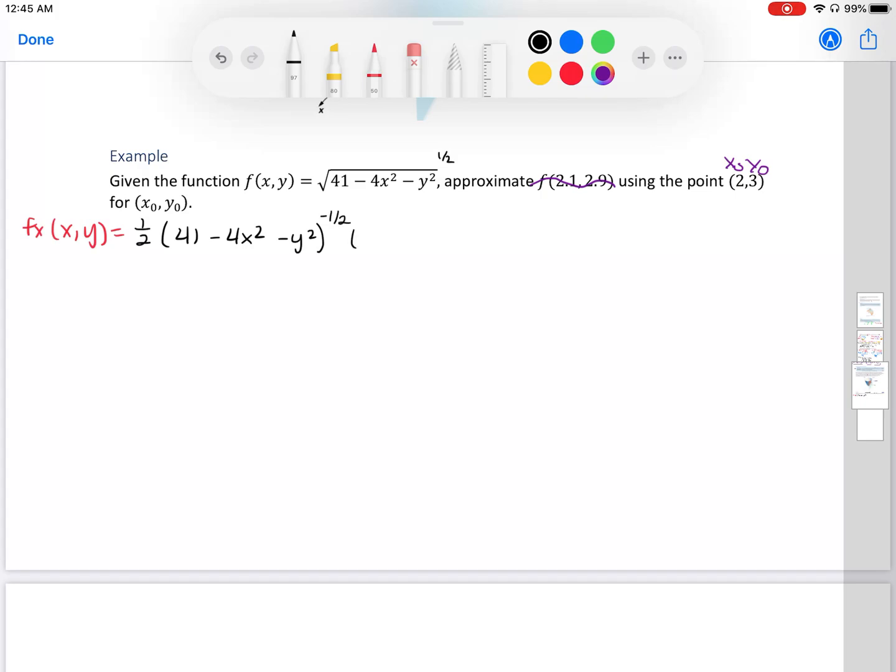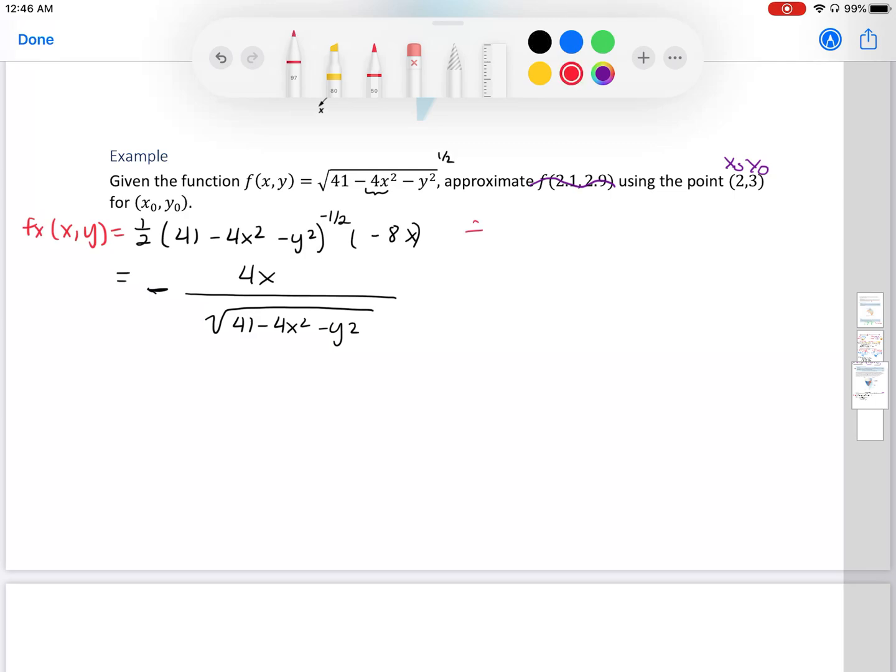Then we take the derivative of what's inside, which in terms of x, that's our only term I can take the derivative of, so I have negative 8x. Then we can clean it up: a negative, with a fraction, the square root of 41 minus 4x squared minus y squared in the denominator, and in the numerator, 8 divided by 2, so I have 4x.